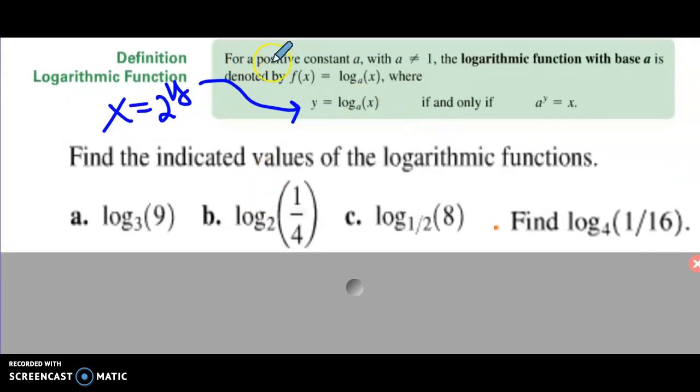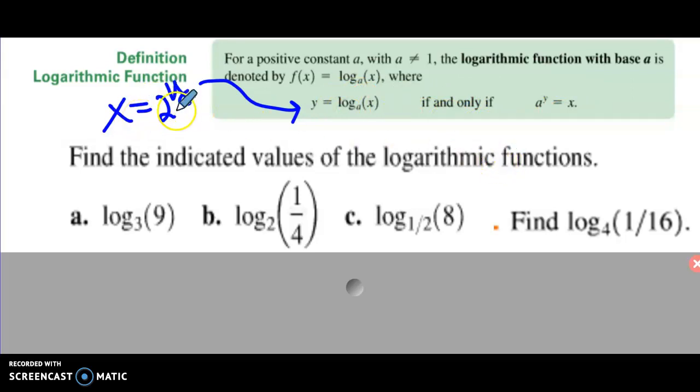So we're saying that y is the exponent you put on this base to get x. Another way of saying y equals log base a of x is a to the y equals x. Those are the exact same thing.